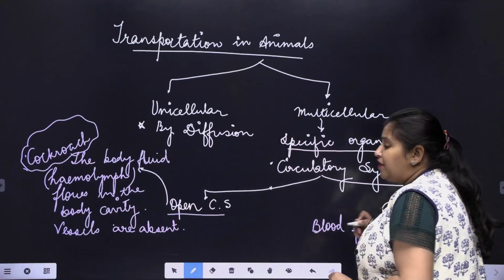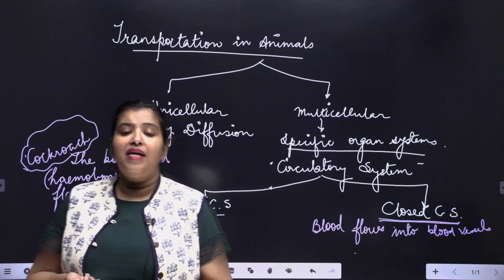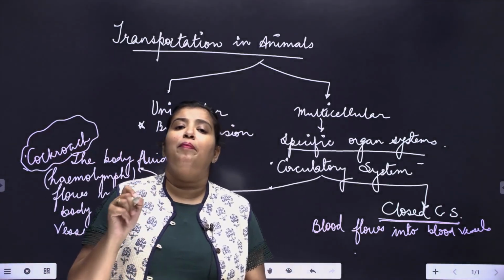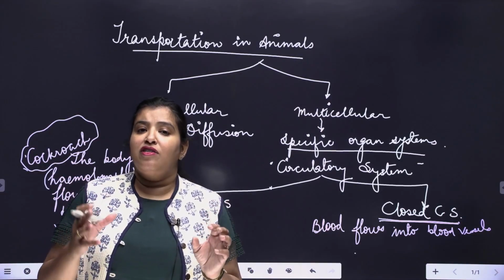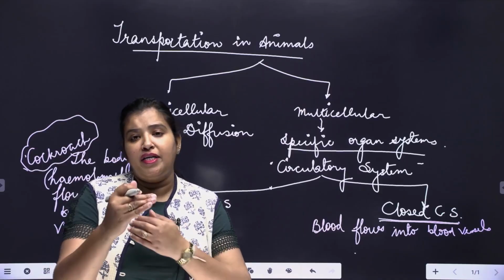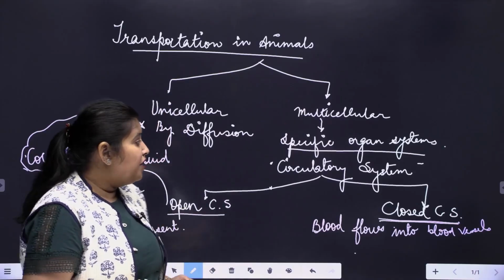A closed circulatory system will have blood vessels carrying blood, and in an open circulatory system, no such vessels are present. The fluid, the circulating medium, is directly present in the body cavity, and all the cells are in direct contact with the fluid. All right.